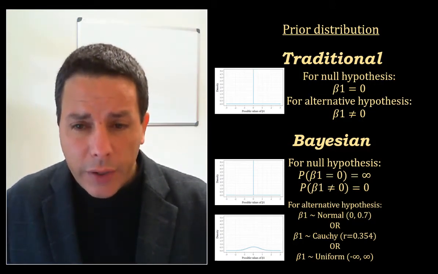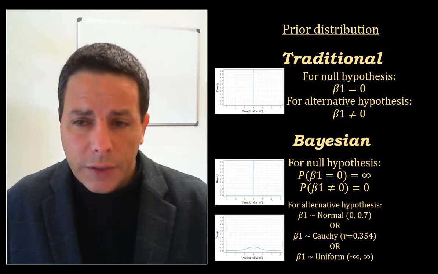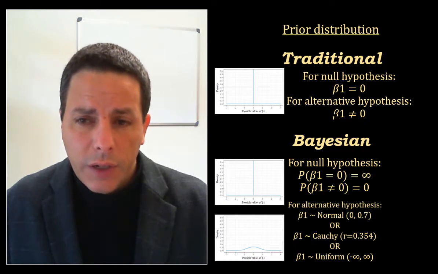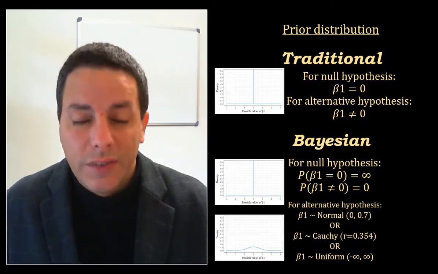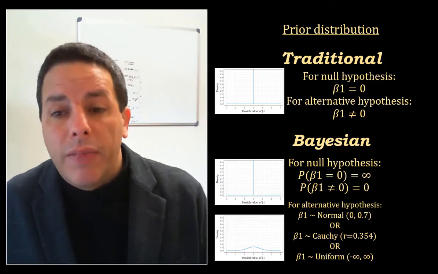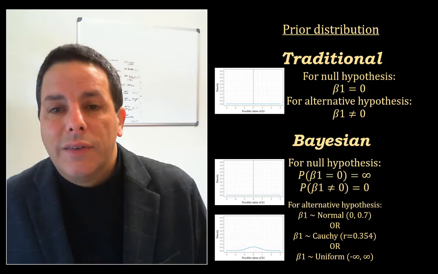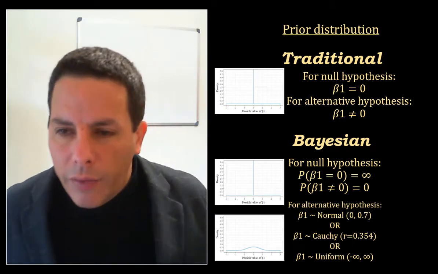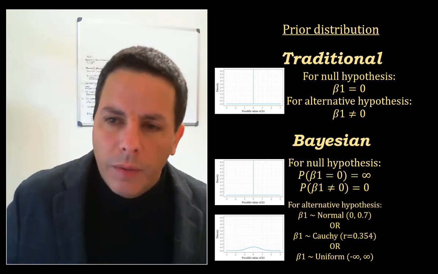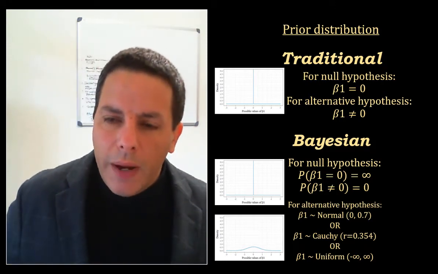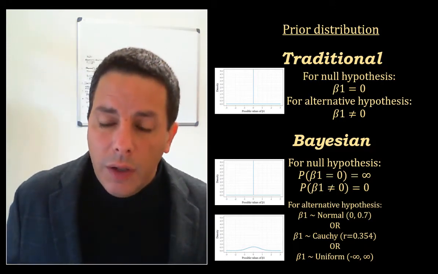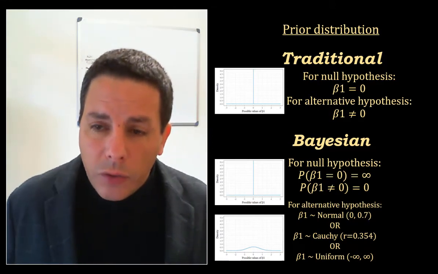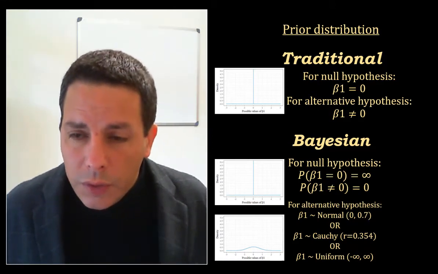So the huge difference is in the alternative hypothesis. The alternative hypothesis in the traditional approach is that beta 1 is different than 0, but there is no distribution. It's just different than 0. But are the values equally likely, beta 1 of minus 100 and minus 0.02?